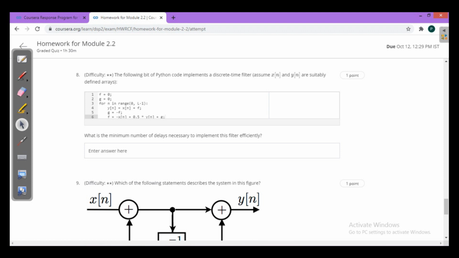Initially f and g are 0. For n in range 0 to L minus 1: y of n is equal to x of n plus f, then g is equal to minus f, then f is equal to minus x of n plus 0.5 into y of n. Let's see the function in the for loop.